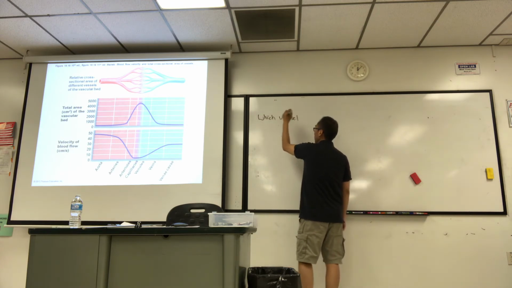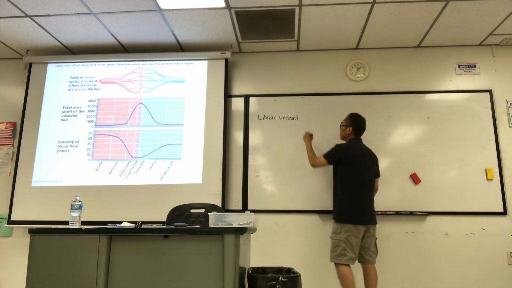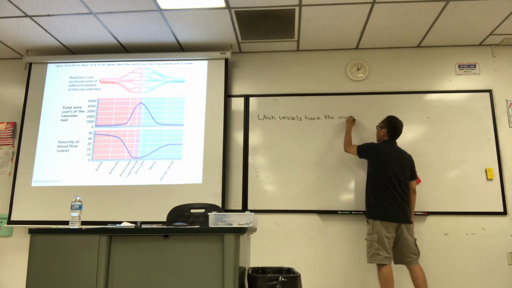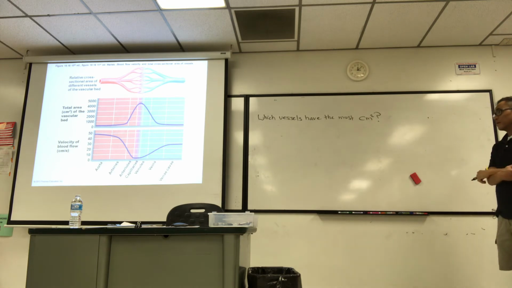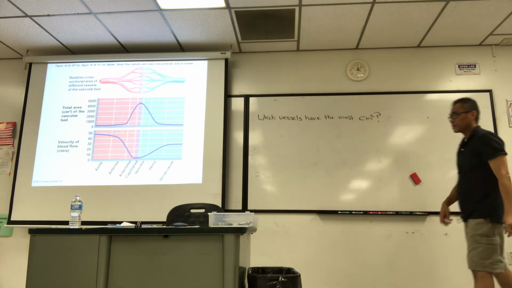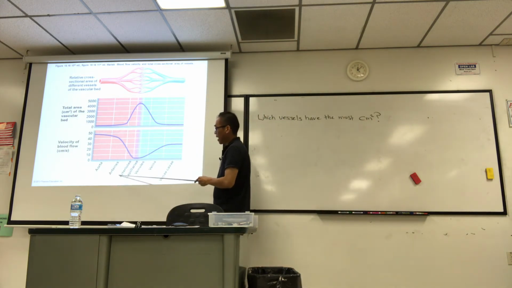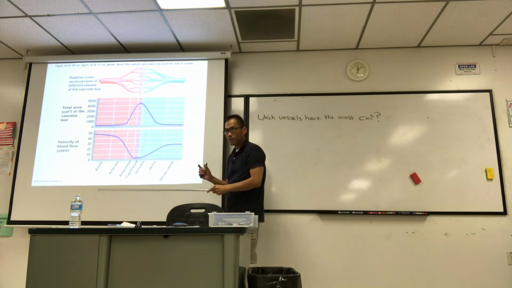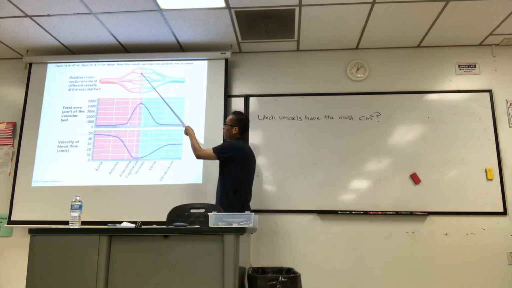Here's a way to put it in quiz or test question form. Which vessels have the most cross-sectional area? Cross-sectional area, in cm squared. You're supposed to look at the x-axis and deduce that it's capillaries. Capillaries have the most cross-sectional area. Even though they're the smallest individually, there are so many of them that when you add it all up, they have the most area.